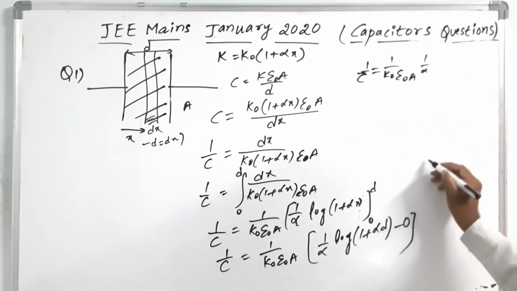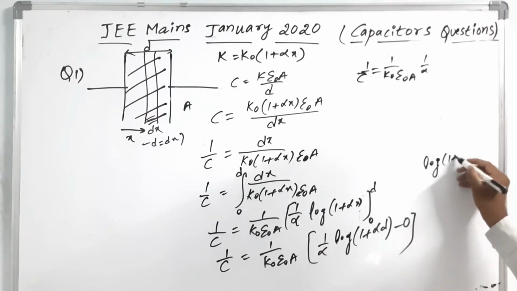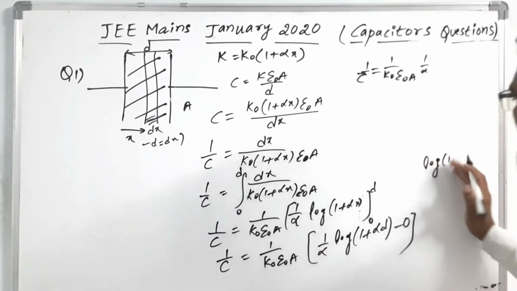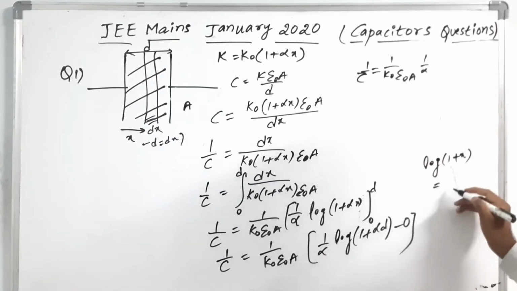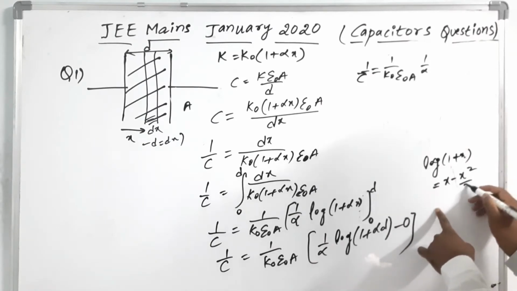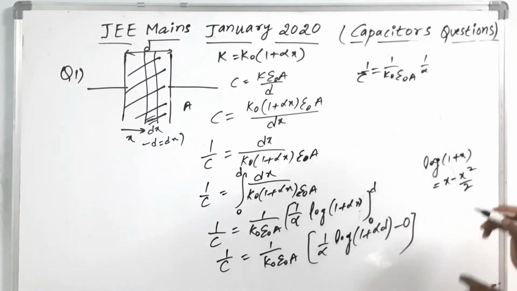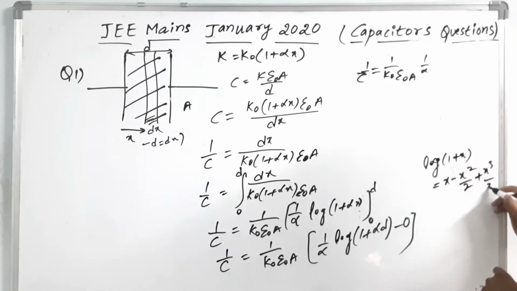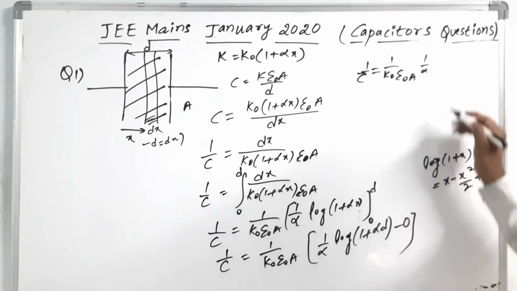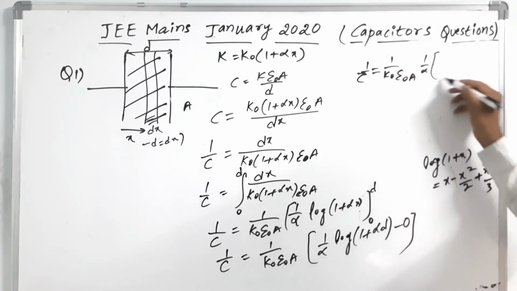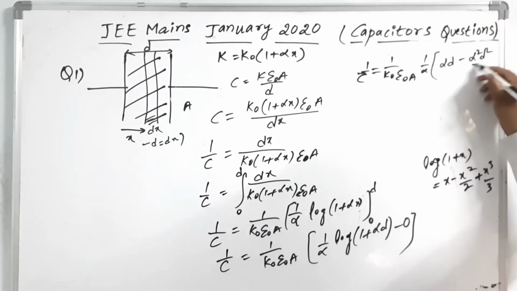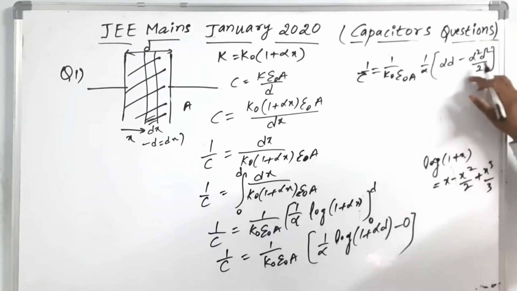We have one formula: log of 1 plus x is equal to x minus x square by 2 plus x cube by 3, and so on. This is the logarithm series formula. Next, 1 by alpha into this formula: alpha d minus alpha square d square by 2. I hope you understood this one.